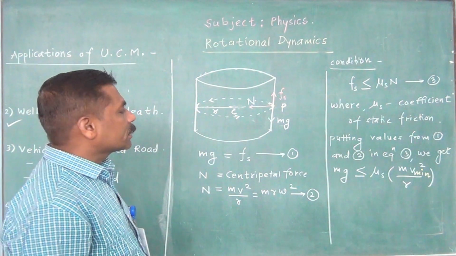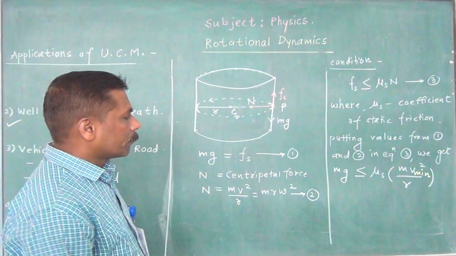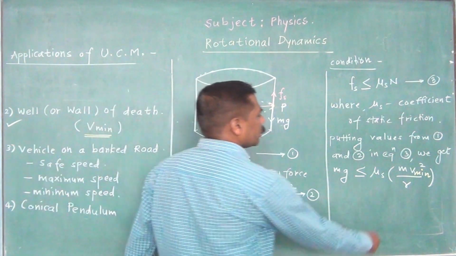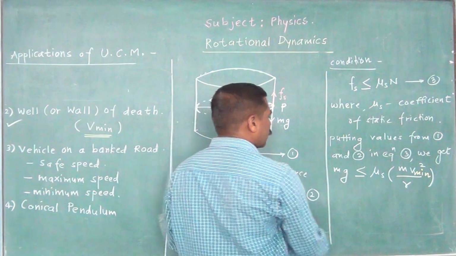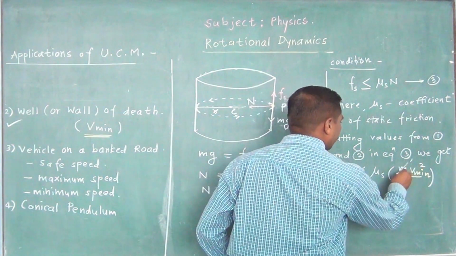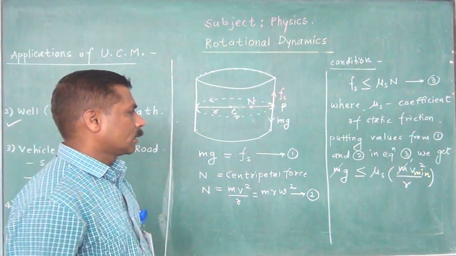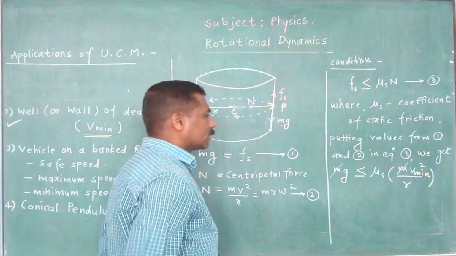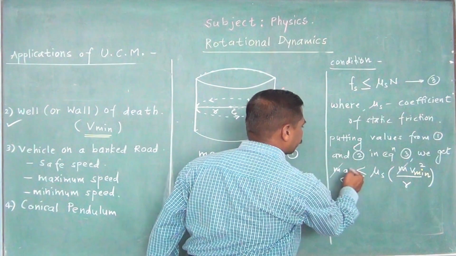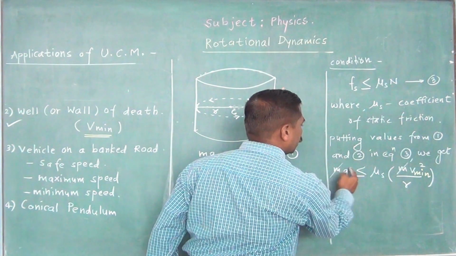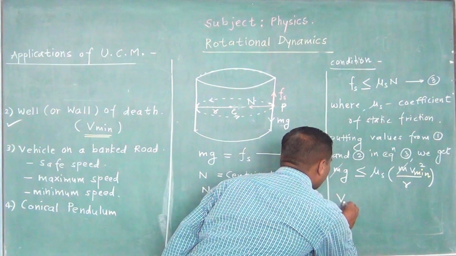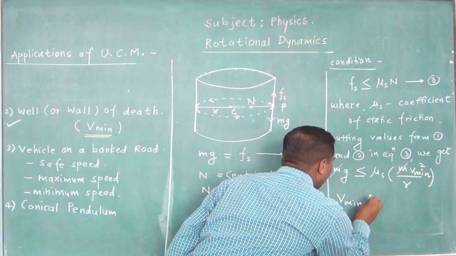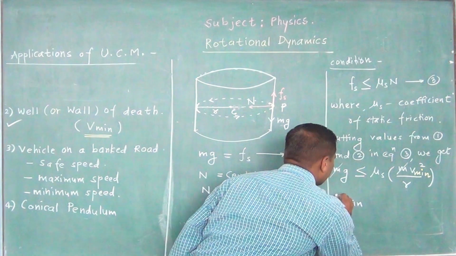We can keep this V minimum on one side. Before that, we can cancel out this m on both sides. If we rearrange like this, r gets shifted here, so it will become rg, and mu s will get here.